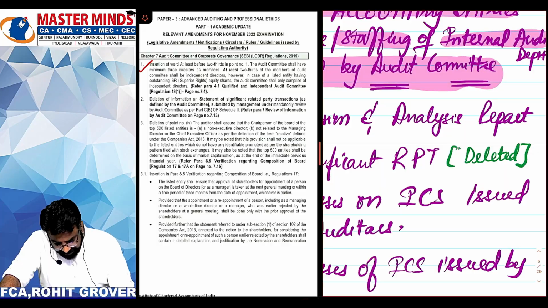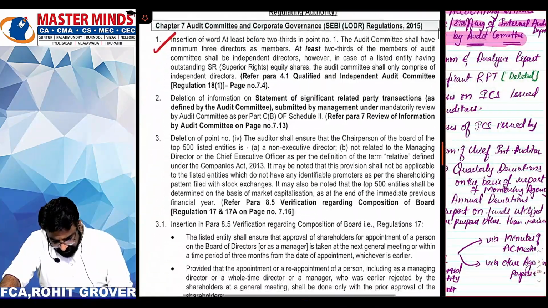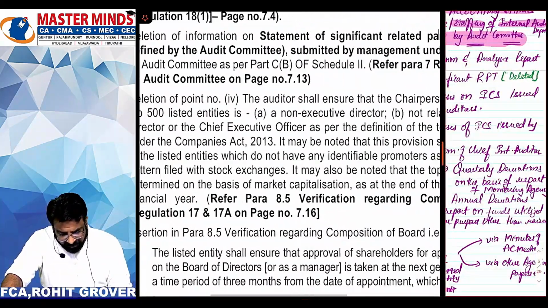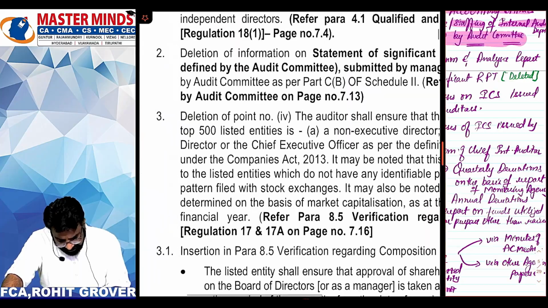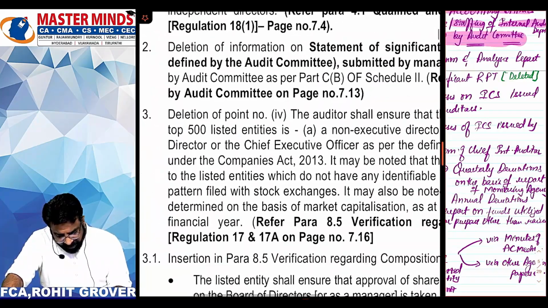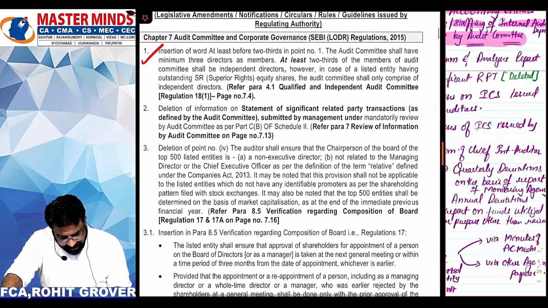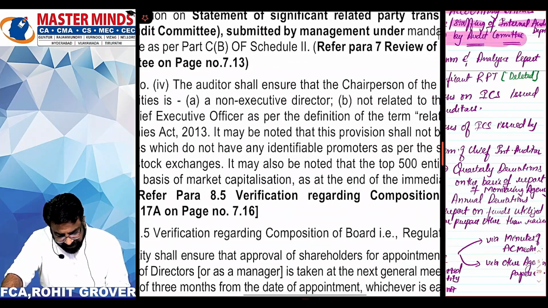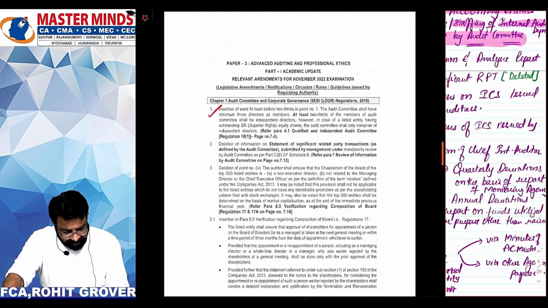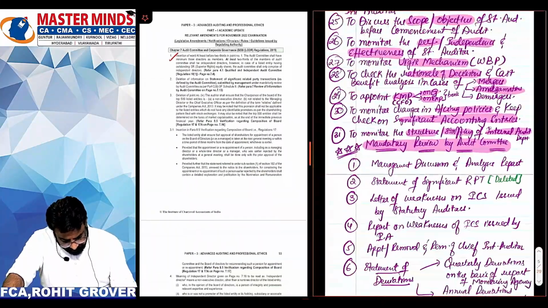Then they are talking about the third amendment. They are saying deletion of point number 1. Do you remember, in the top 500, we said that the chairman should be a non-executive director. So they are saying deletion of point number 4, that the auditor shall ensure that the chairman of the board of top 500 listed entities should be a which director? Non-executive director. So that point we have to delete here.